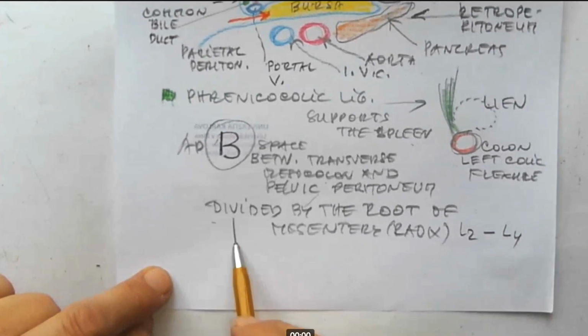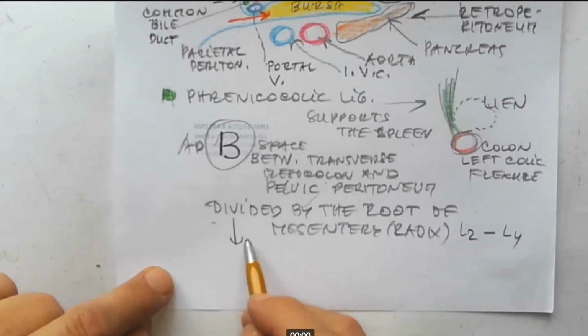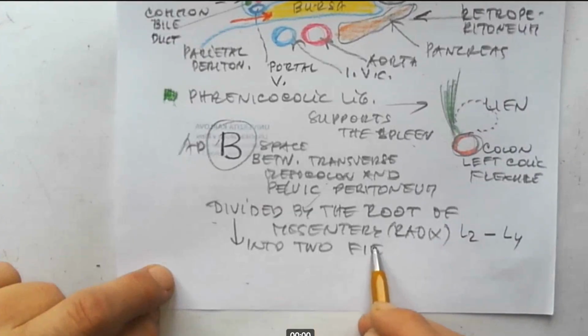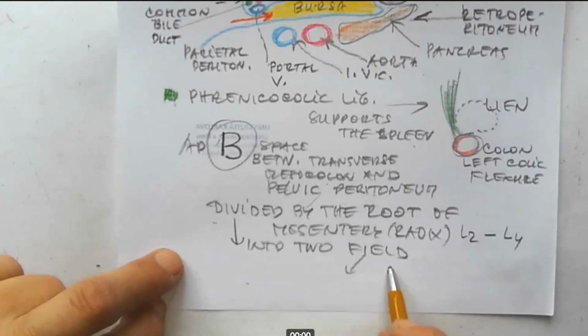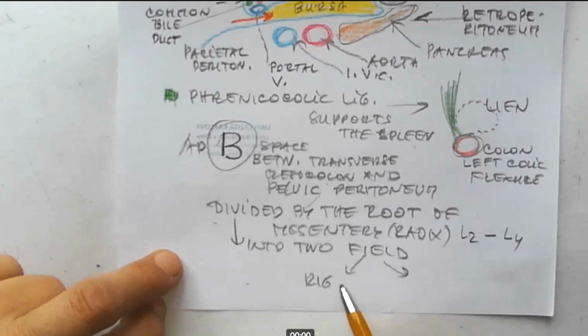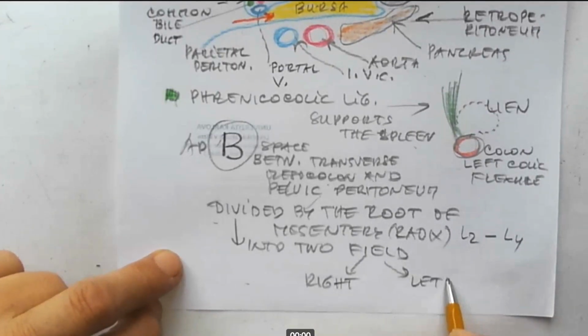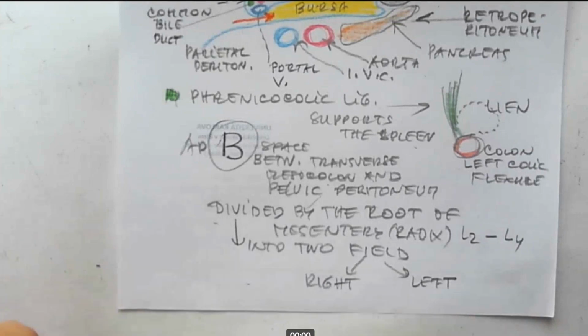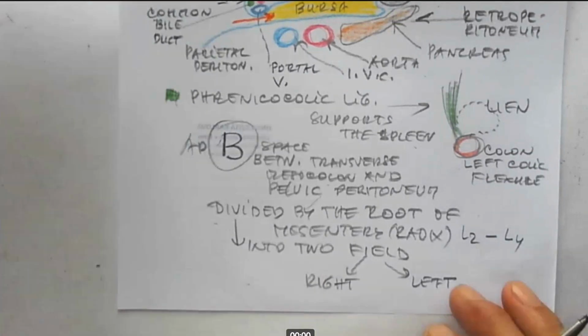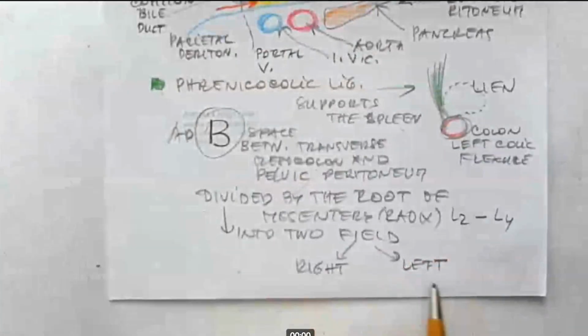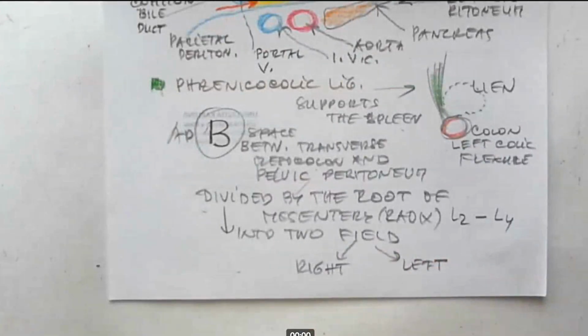So it is divided by the root of the mesentery into two fields, right and left peritoneal fields, definitely right and left peritoneal fields. Important point is that maybe here we could complete it. No, maybe in the next page. This is sufficient. Okay, we go ahead.